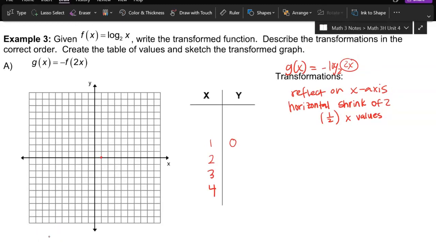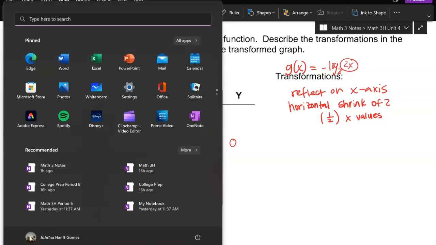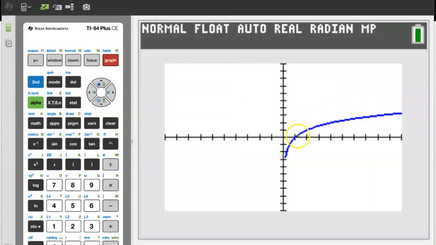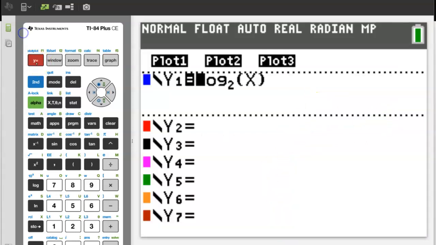And then for our other points, if we look at the parent function, it's log base 2 of x. Any log base is going to be your parent function. So we have here our log base 2 of x.